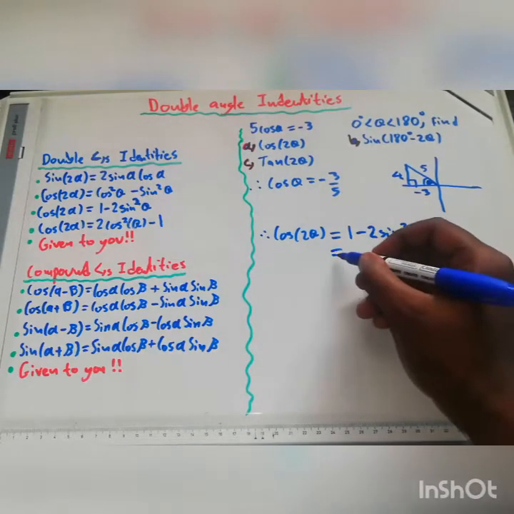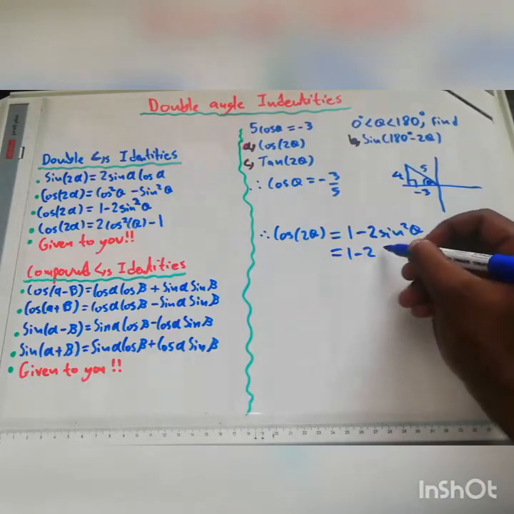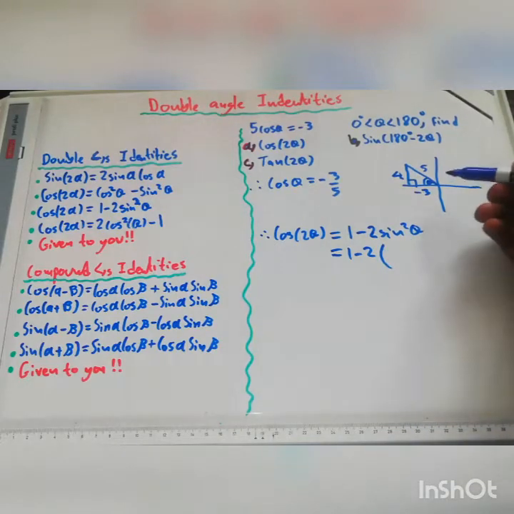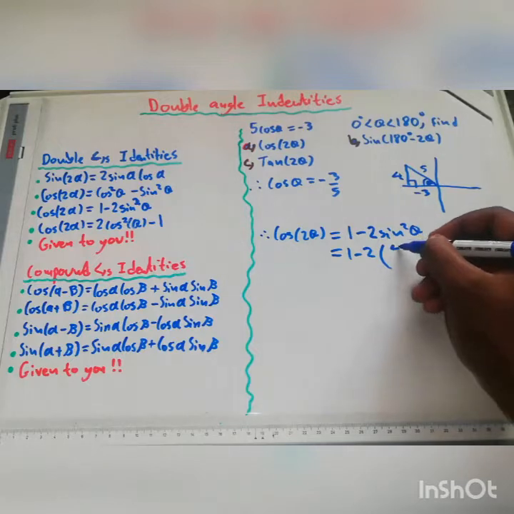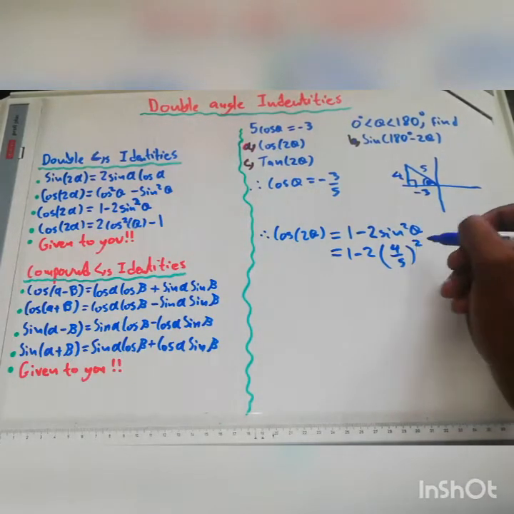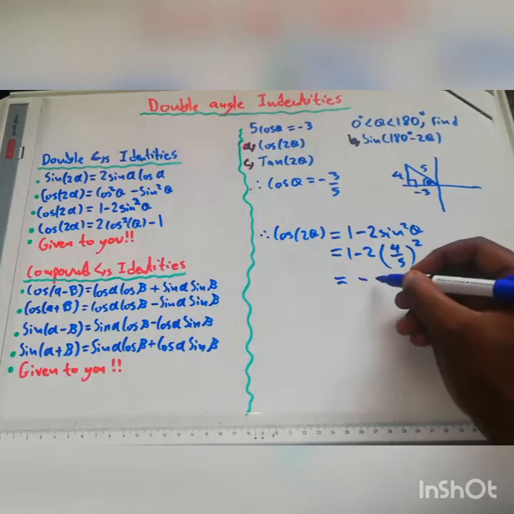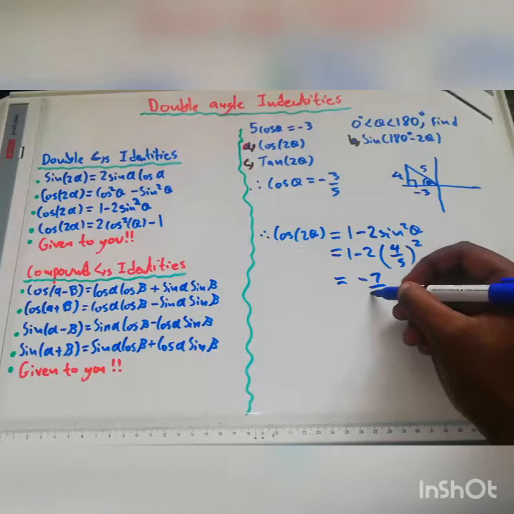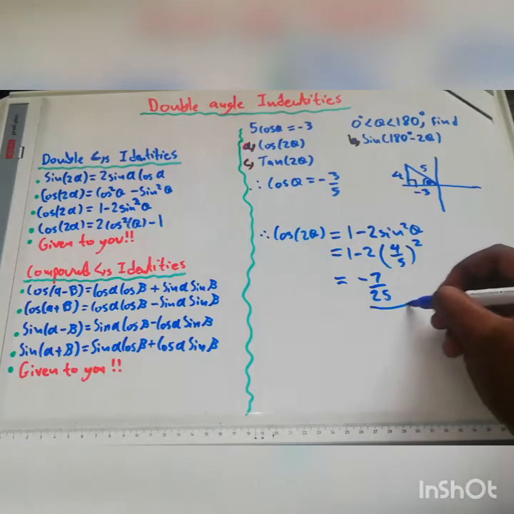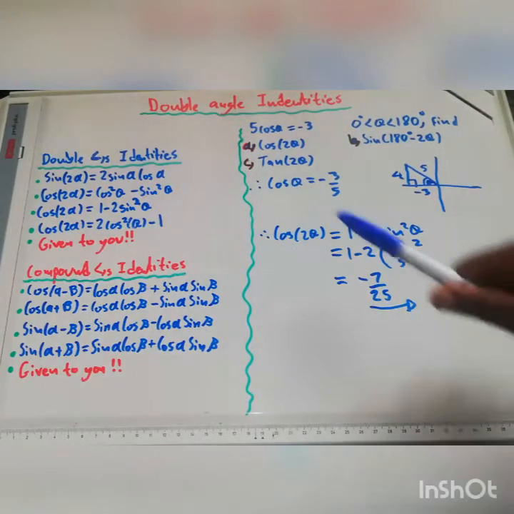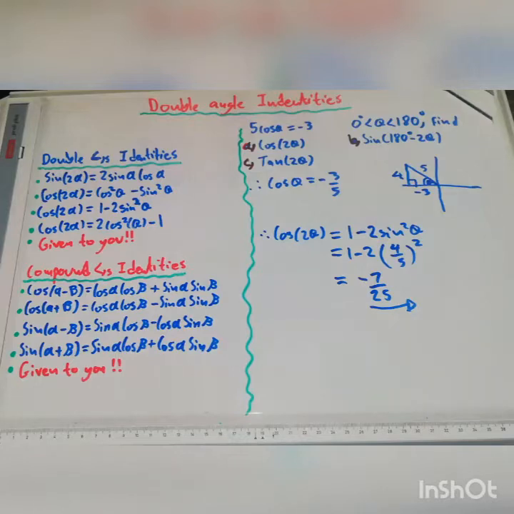So what do I have here? I have 1 minus 2 times sine theta squared. Sine is opposite over hypotenuse, so my sine theta is 4 over 5, squared. Here you'll get minus 7 over 25. That's your answer to question A.